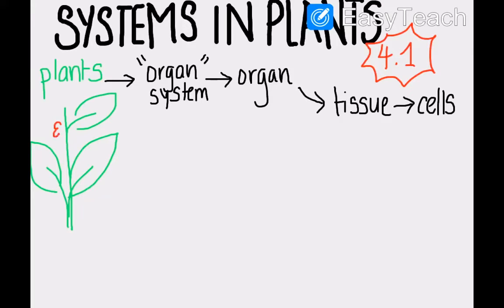However, they're not quite as complex as us. We have so many different systems in place. Plants don't have that, but they are still living things, and they still have to do the few main things that living things do. Precisely, they have to grow, they have to reproduce, and they have to do gas exchange. Those are things that both plants and animals have in common.